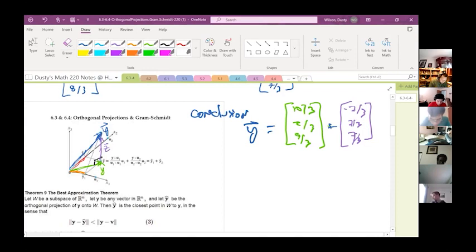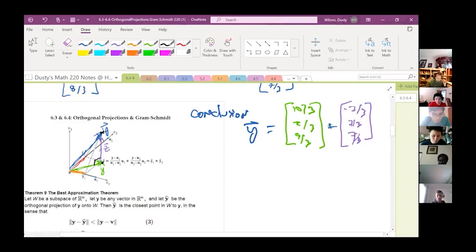So I hope you can see that this green y hat point is as close as y can ever get to the space W.